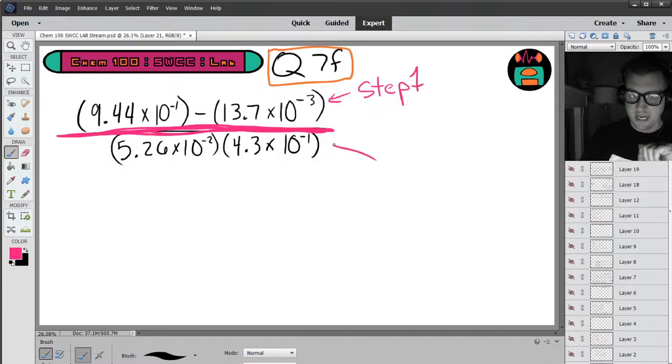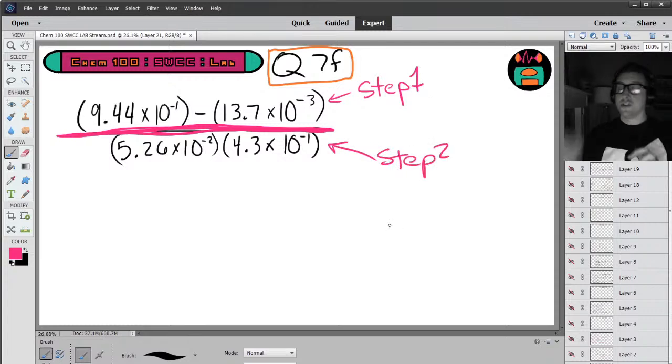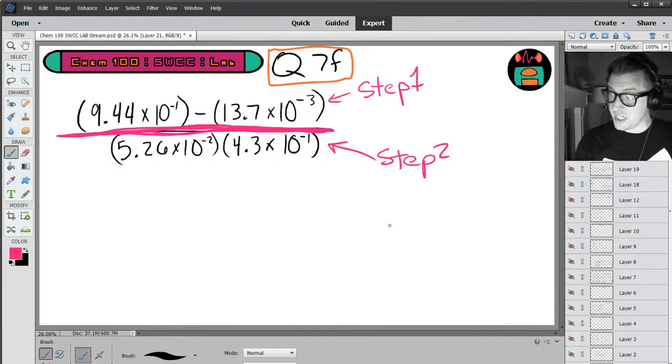When I see the denominator, I think step 2. All right. So here's how I'm going to tackle this problem. I'm going to solve the numerator first. Figure out what the numerator's worth. Then I'm going to pause, do the same thing for the denominator. Once I know what the numerator is simplified and the denominator is simplified, I'm going to bring them back together and solve the situation. So that is the approach that I am taking.